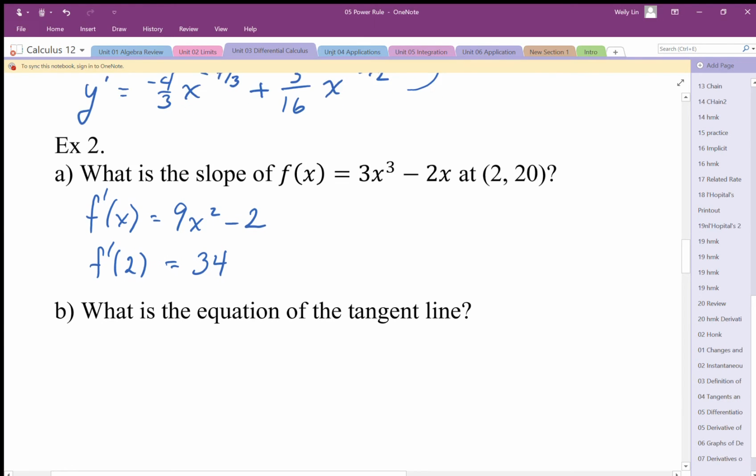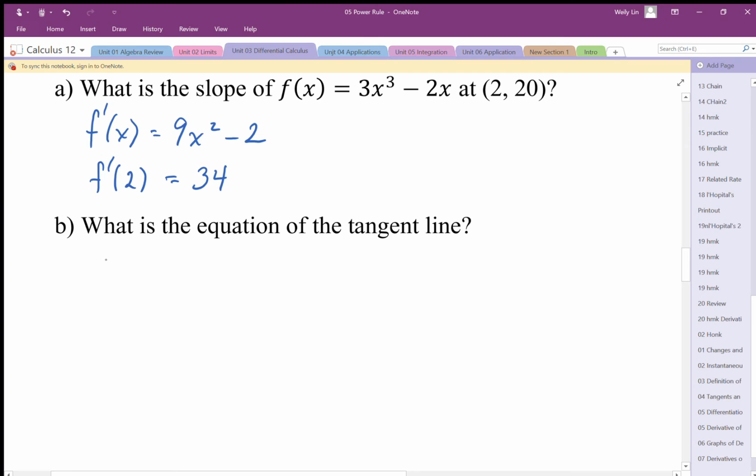So the equation of this tangent line works out to be y equals slope of 34. The coordinate is at 2 and 20. So there's the equation of a tangent line in the point slope form. And the point slope form is generally going to be the easiest way to write the tangent line equation.